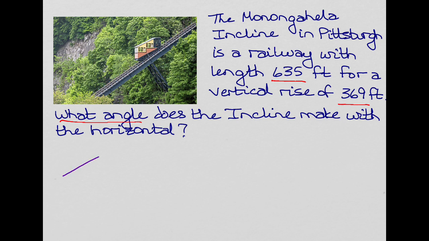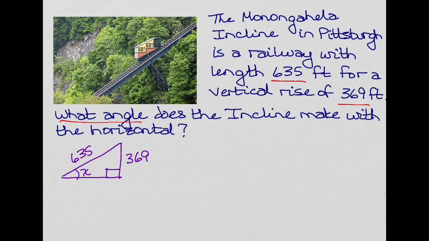Got my railroad track that goes up the hill. And the vertical rise, that's vertical. And I want to know the angle that the railway makes with the horizontal. We'll do it in degrees since this is an application.